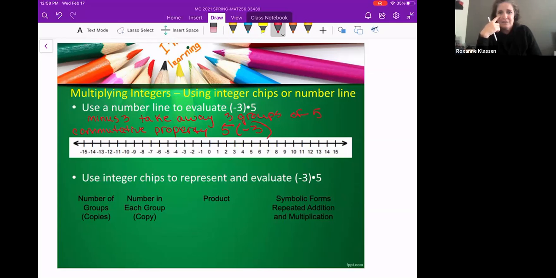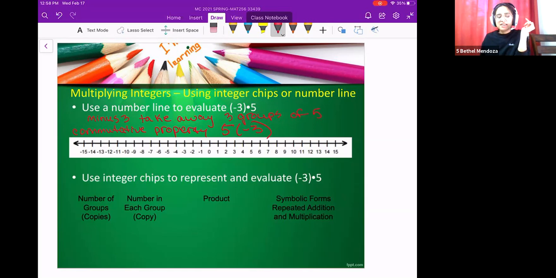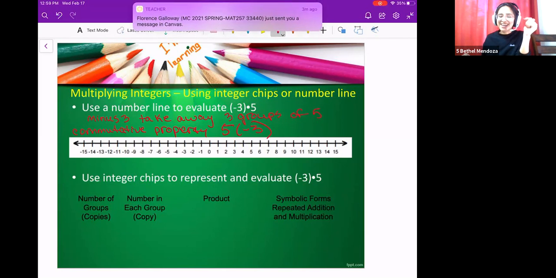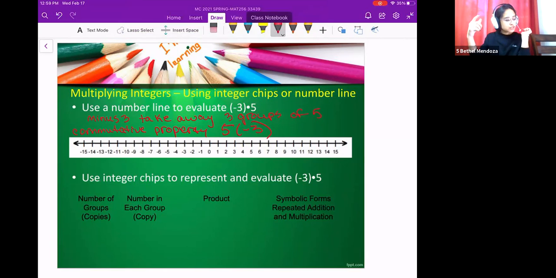I was thinking that -3 is just the opposite of +3. And so I pretended that it's 3, no negative, and I did the equal groups, so 3 groups of 5.